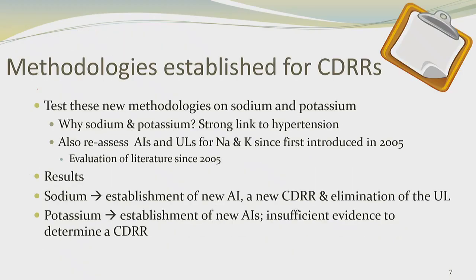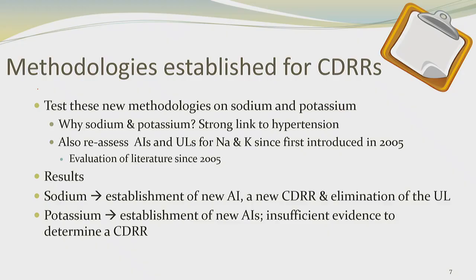For the example that we have for sodium, once a framework was determined on how to establish a CDRR, they selected sodium and potassium because of their strong link to hypertension, which is considered a chronic disease that's common in our part of the world.